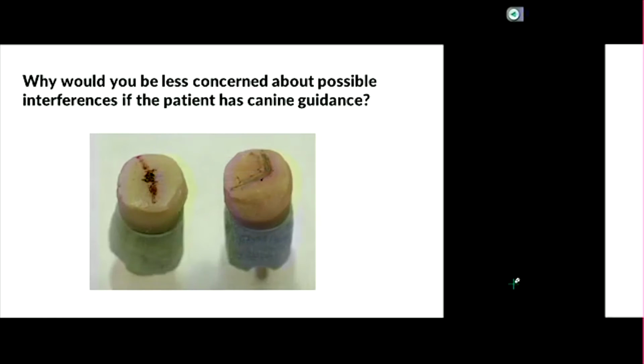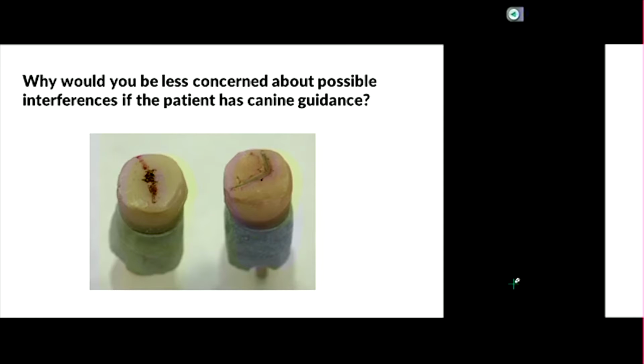So here's maybe a trickier question. Let's say you didn't take a protrusive record, and then you weren't sure about the patient's condylar inclination, right? And then you want to set the articulator such that you minimize the chance of error there.